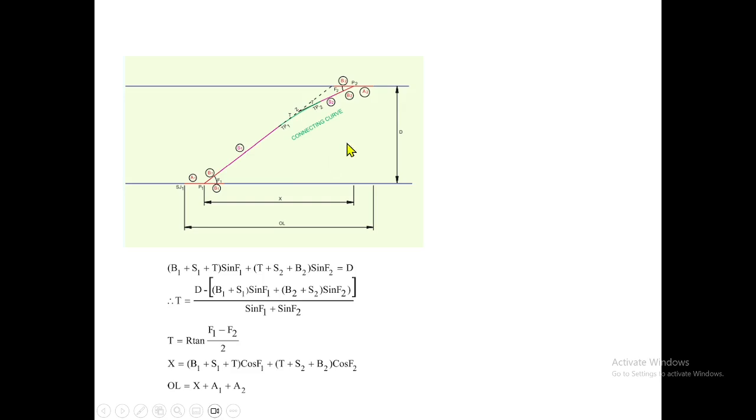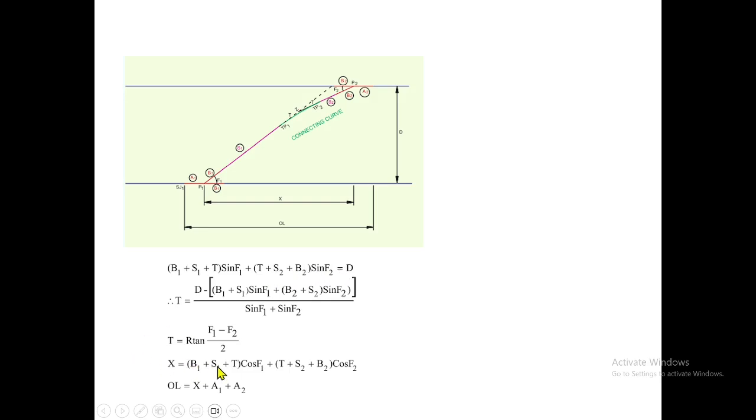Sometimes it will come in a reverse way also. Suppose we want to get the tangent length for the available D, that is, what curvature we want to provide. We can work it out here. We can equate the vertical distance with D. We found the horizontal distance using the cos formula; to work out the vertical distance, simply change the formula to sine.